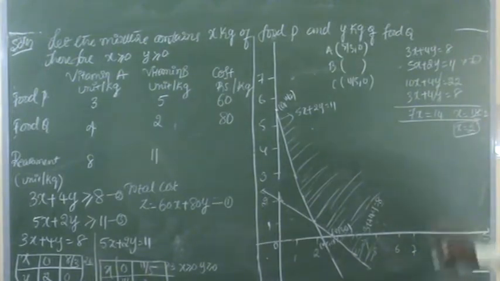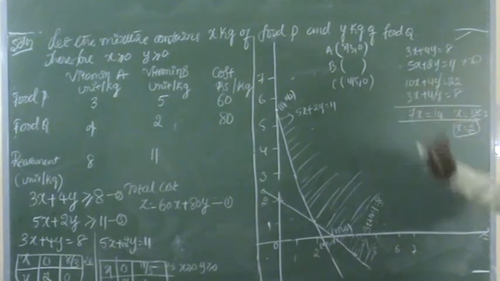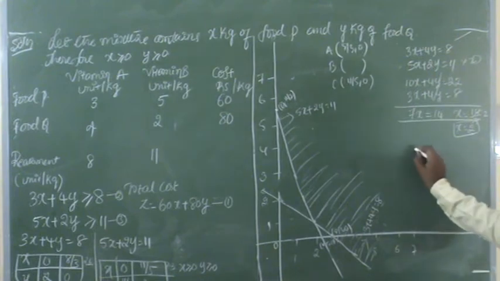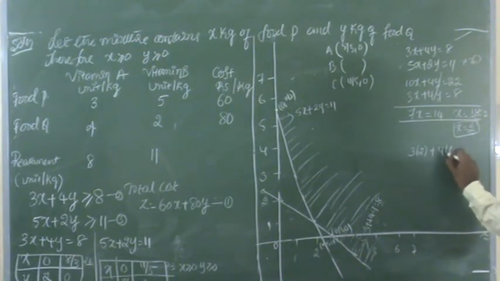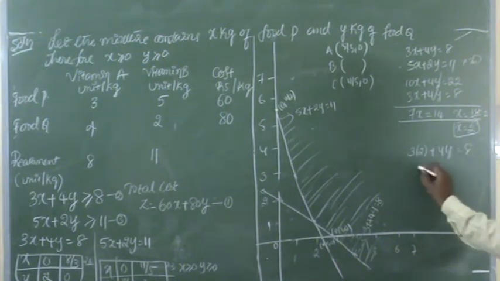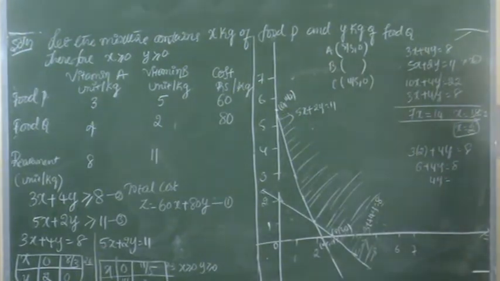And for y, we substitute the x value in equation number 2: 3 into 2 plus 4 into y equals 8. So 6 plus 4y equals 8. 4y equals 8 minus 6, that is 2.